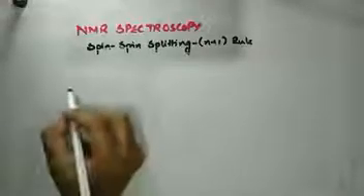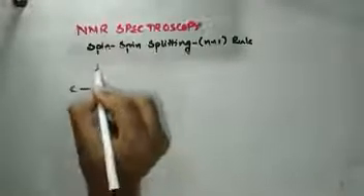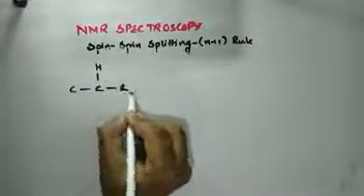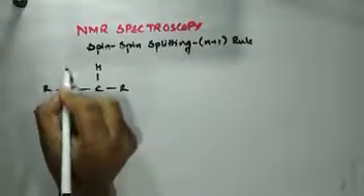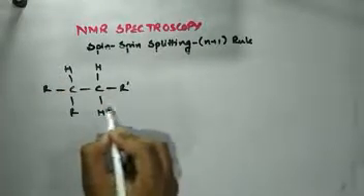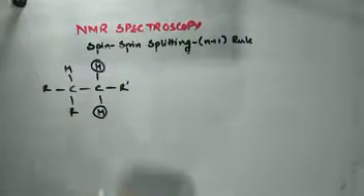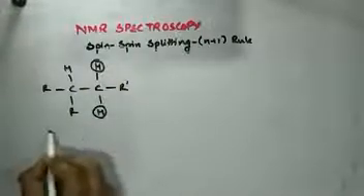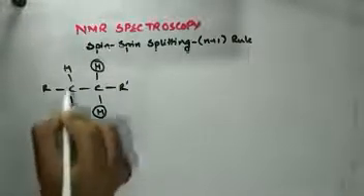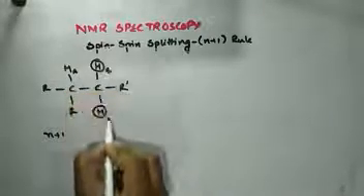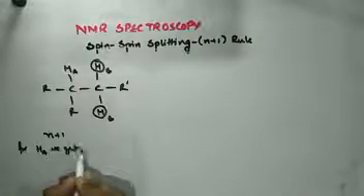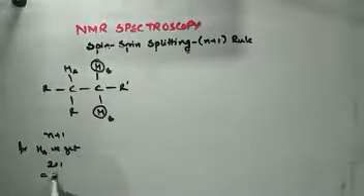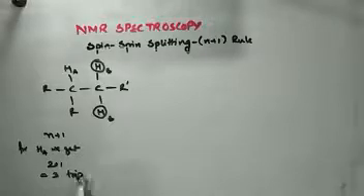Now let us look at a scenario where the adjacent carbon has two proton nuclei. In this scenario, using the n plus 1 rule, suppose this is HB, for HA we get 2 plus 1 equal to 3, that is a triplet.